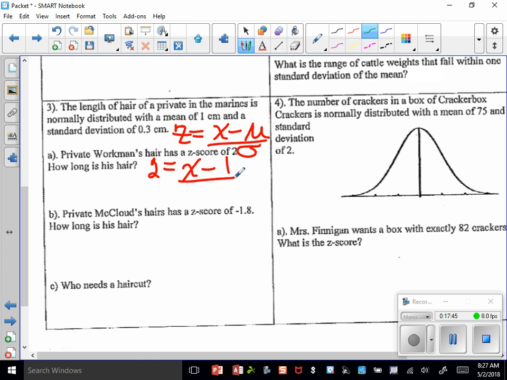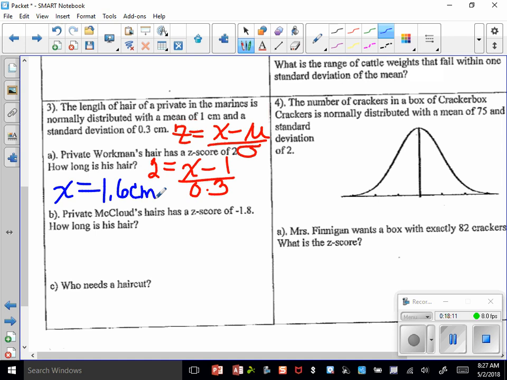And the standard deviation is 0.3. All right, so there we are. So now we need to solve for this again. Okay, so I'm going to have you guys solve for x and let me know how many centimeters his hair is. Okay, I'll wait. Okay, yes. All right, 1.6 centimeters.